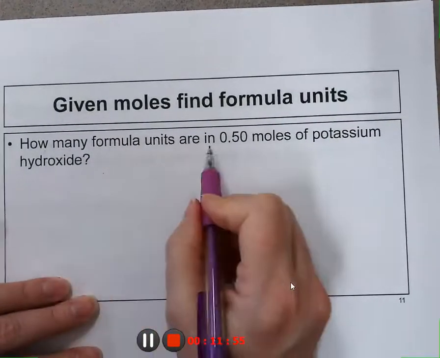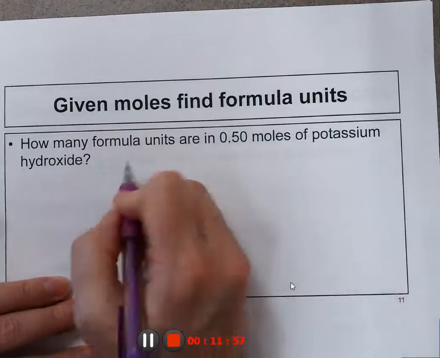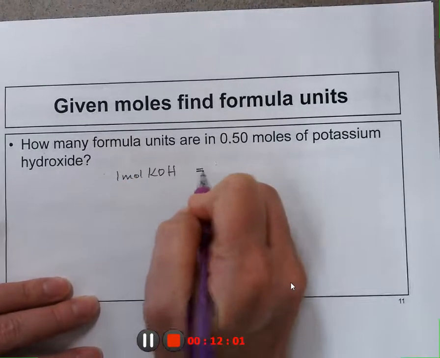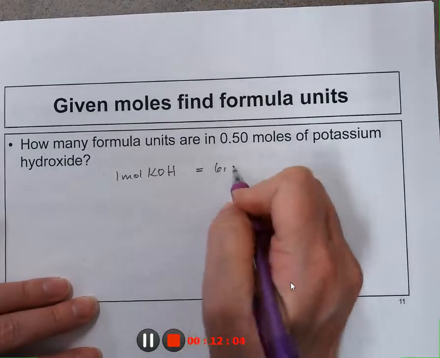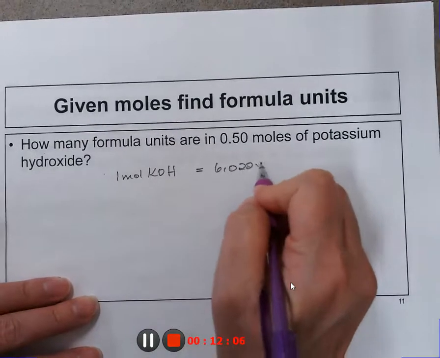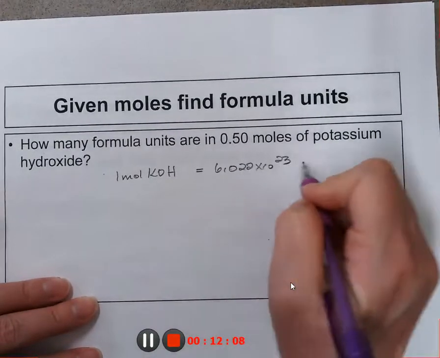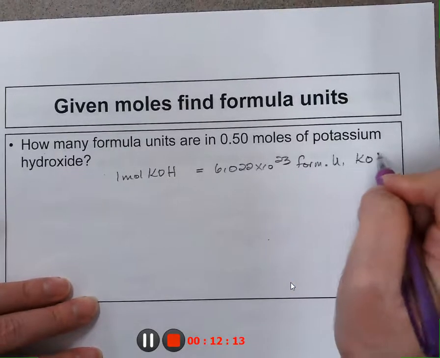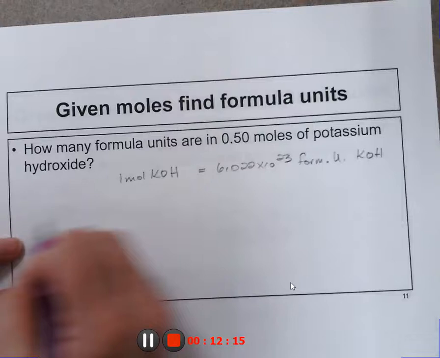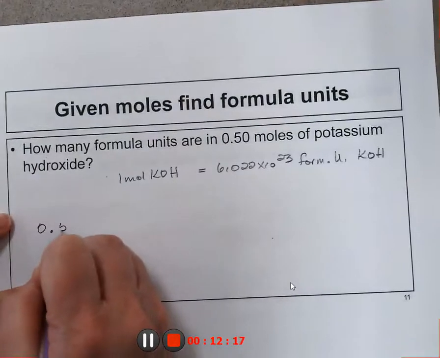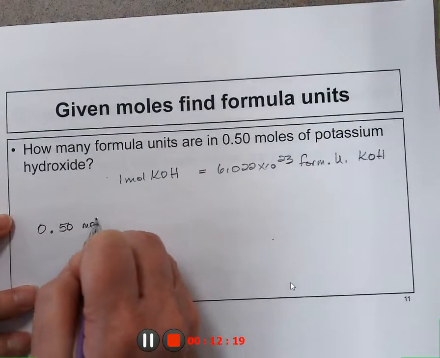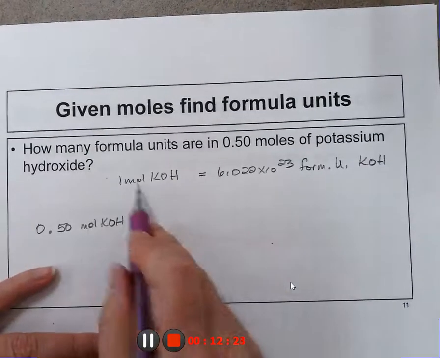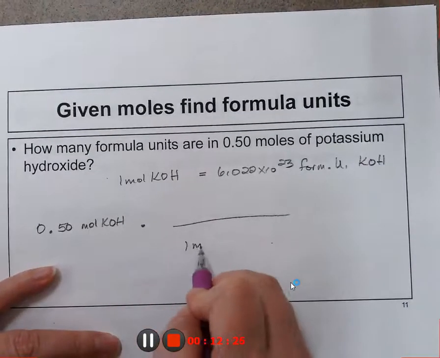How many formula units are in 0.5 moles of potassium hydroxide? Well, for every 1 mole of potassium hydroxide, we have Avogadro's number of formula units. Start off with your given. Okay, I need moles to cancel, so it goes on the bottom.